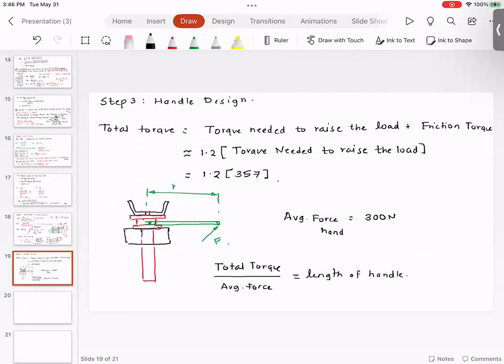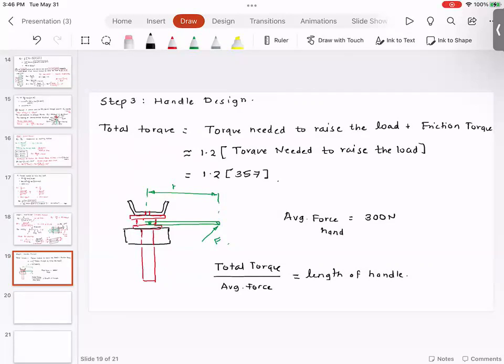Now you will realize if you apply 300 Newton, if you look at the total torque, the length of the handle becomes 4 millimeters. So that's a very, very long handle. So clearly you cannot raise this load just by applying torque with one hand. So you want to come up with a slightly different design.